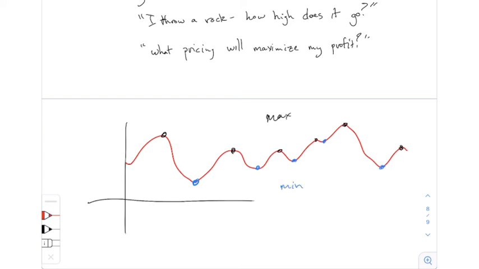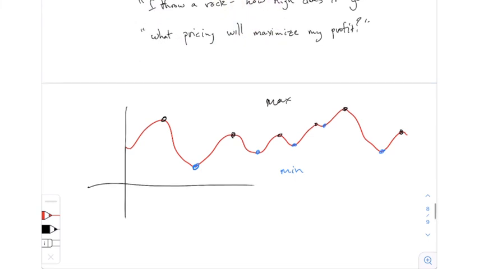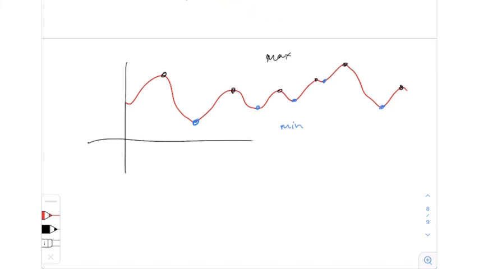Any hotshot investors out there, what's the typical investment strategy when it comes to points like this? If you know that this is how the stock is going to go, the standard investment strategy is buy low, sell high, right? And every time in a real market, every time there's a difference like this, you can make money by either buying or selling.